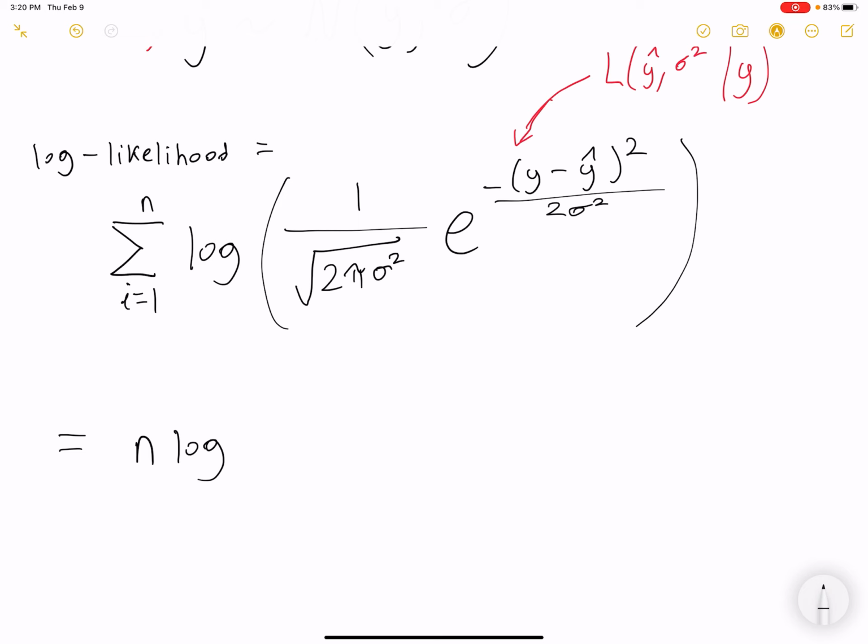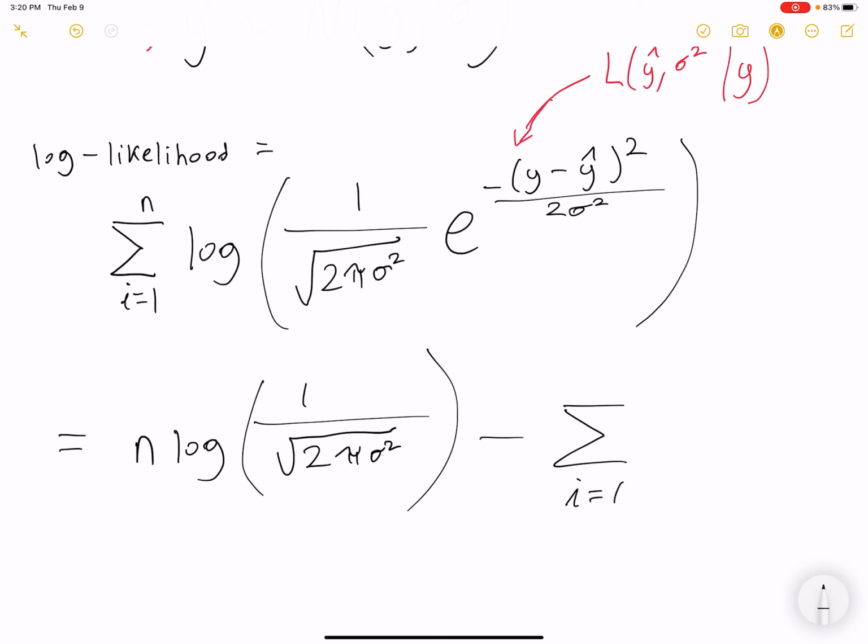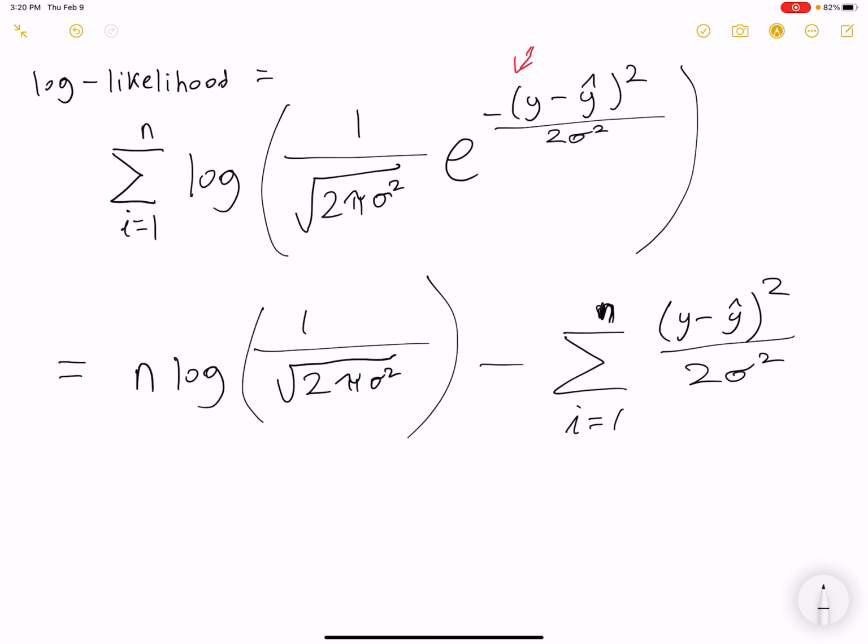So using algebra, we can simplify this to this, which is the equivalent using some log rules. Again, details not super critical, and this is why they're not super critical: remember that for maximizing the likelihood, we maximize this equation in terms of theta.